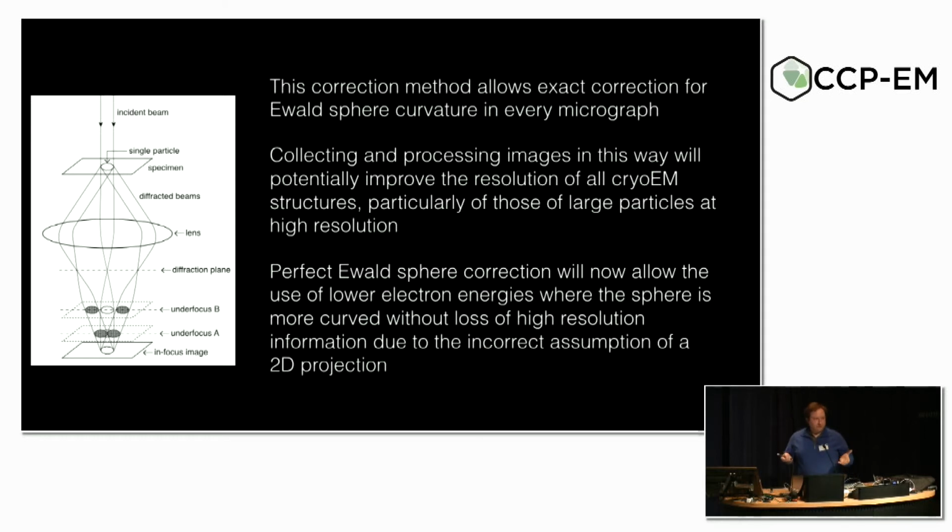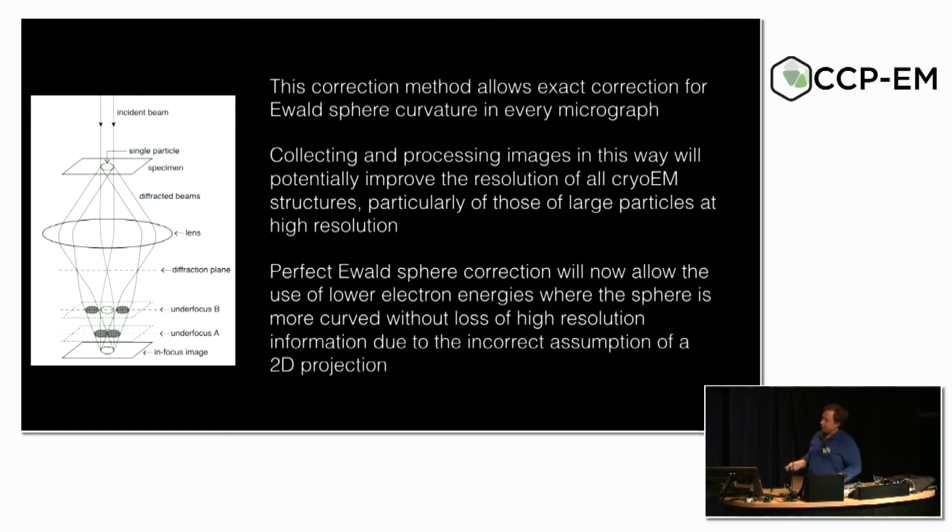The only thing you have to do, actually, so there is a catch. You have to collect data at defocus. If there's no defocus in your micrograph, you've overlapped all of these Fourier components, and there's no way to tease them back out again. And there's no way to properly correct for the curvature of the Ewald sphere. So in order to do this properly, you have to make sure that you've gone to enough defocus that the high resolution frequencies you're interested in are sufficiently delocalized that you can put them back in individually, right?